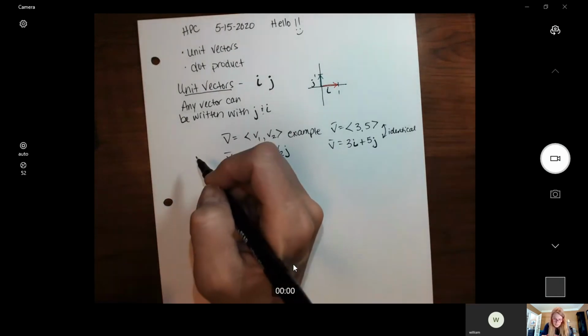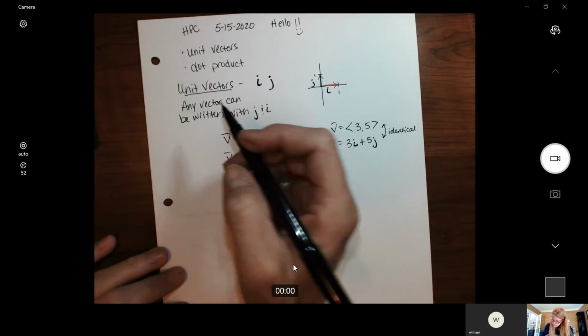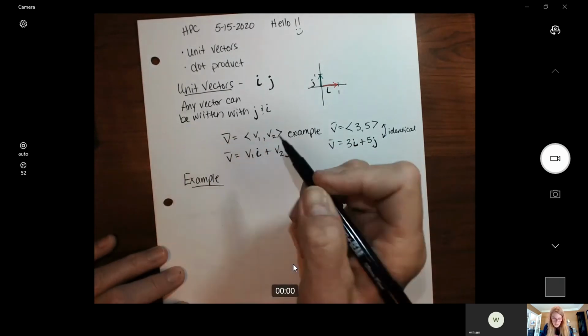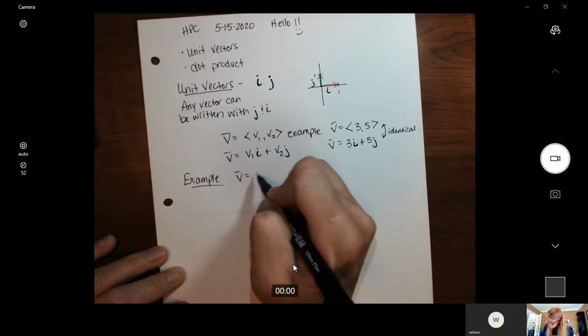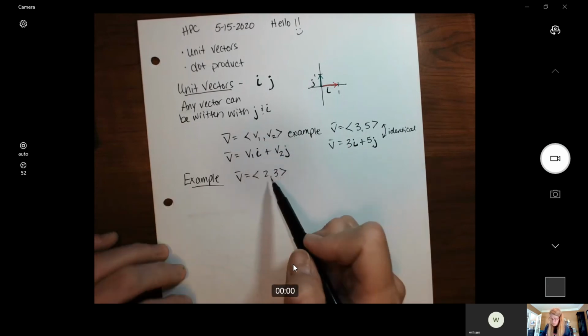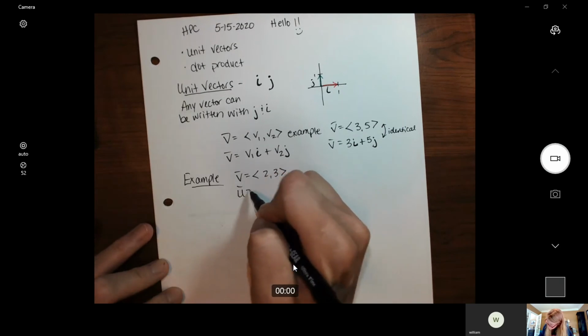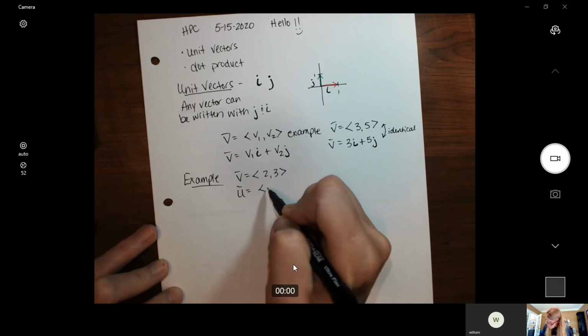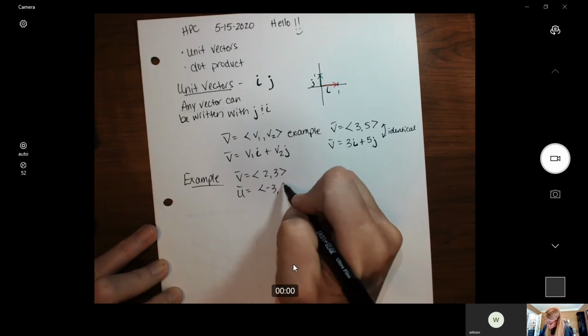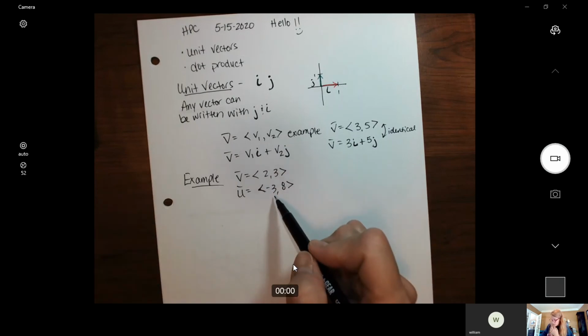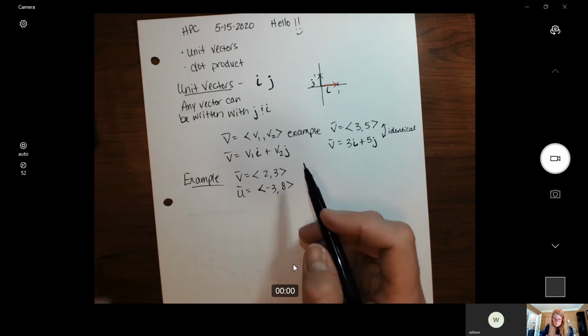So if we had two vectors, say vector v was equal to the components (2, 3). So this tells you to go to the right 2 and up 3. u is (-3, 8). So to make vector u, you would go to the left 3, and then you would go up 8.